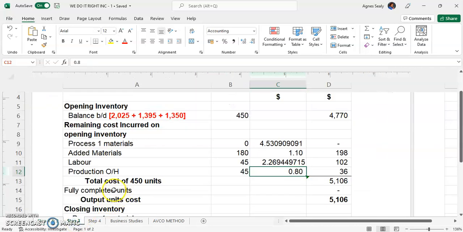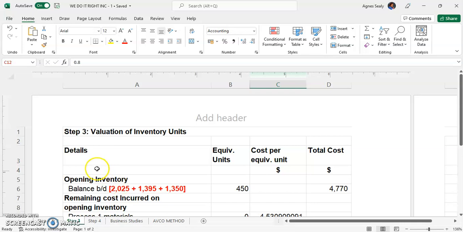And then in step 3, we would have looked at the valuation of our inventory units. So far, what we would have done was to look at the value of our opening inventory units, and the cost of those opening inventory units was given to us in the question.